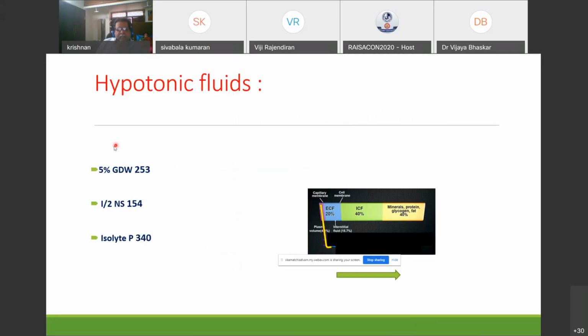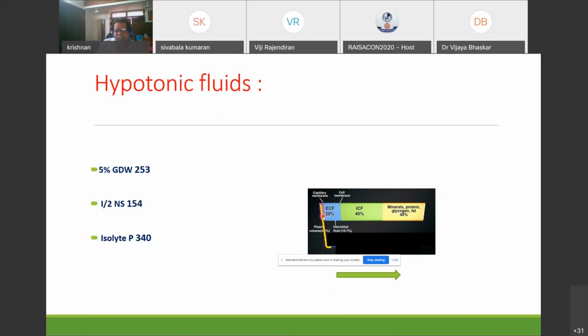So we talked about hypotonic solutions. Plain dextrose is 253. When this dextrose gets metabolized, what is left behind is nothing, because there is no sodium there. So it becomes severely hypotonic once you give this fluid intravenously. The plasma osmolarity gets decreased, so it is a hypoosmolar or hypotonic solution.